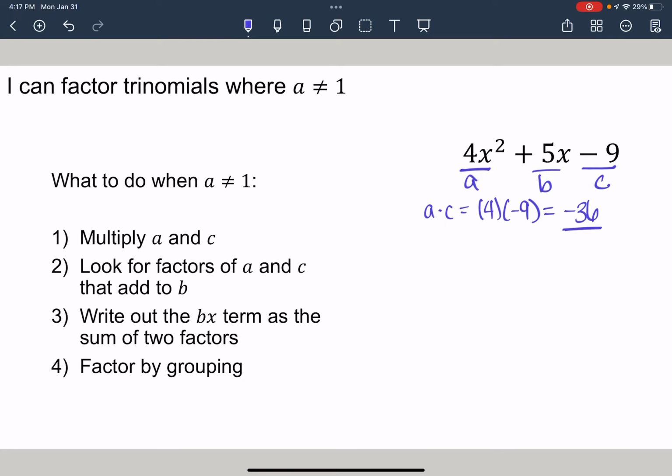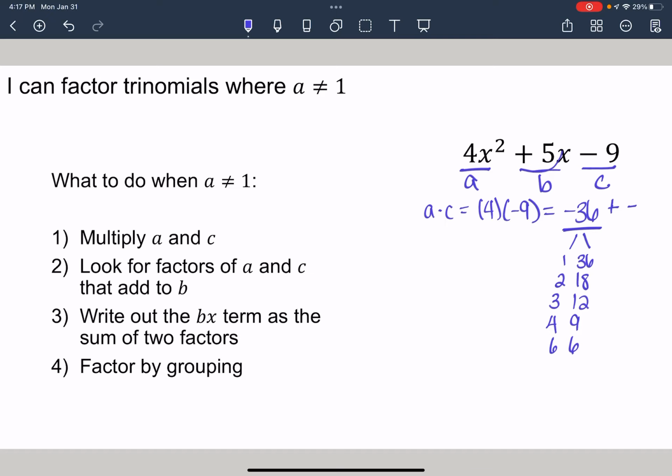Since 36 is negative, we need a combination of a positive and negative number in order to multiply to negative 36. So let's list out the factors. We have 1 and 36, 2 and 18, 3 and 12, 4 and 9, and 6 and 6.